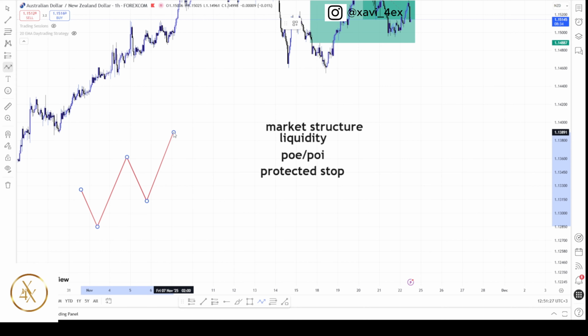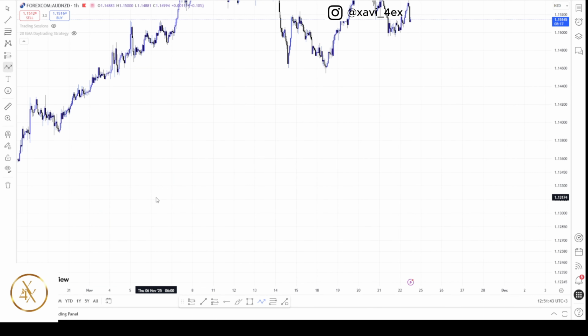So for us to find an entry, the second thing is what? Liquidity. So liquidity has to lie below these areas here. Since we're in an uptrend, we'll be looking for only what? We're looking for only buys.